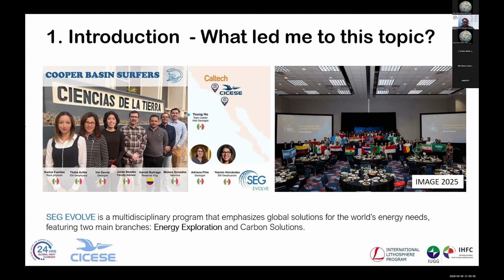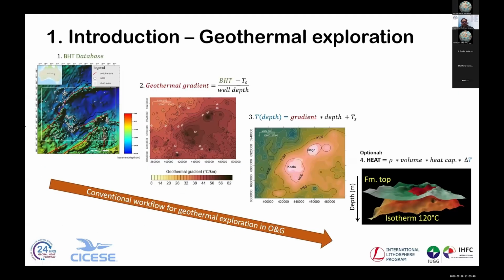The SEG Evolve program is a mentoring program where teams from different universities evaluate oil and gas, and recently geothermal, projects. For our case, the SEG staff provided us with information from the oil and gas industry.